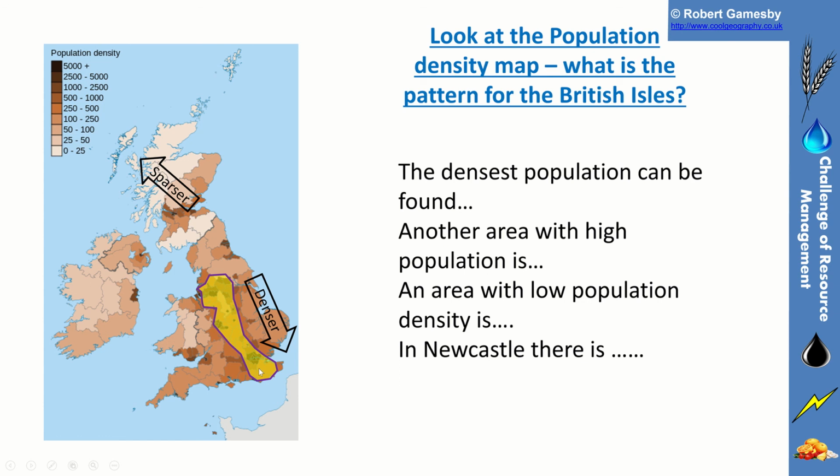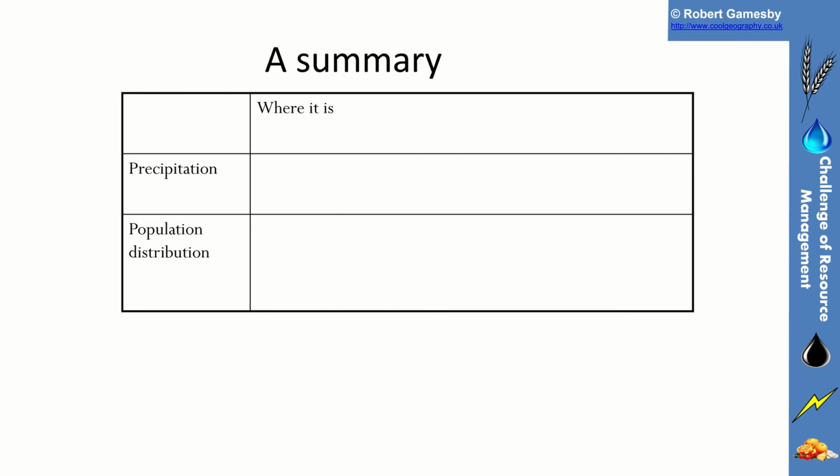About 50% of the United Kingdom's population live in that tiny sliver that's marked on your map. So obviously there's a disparity between where the rain falls and where the people live, and that's where water transfer comes in. There's a little table on there for you to summarise what you've found out.